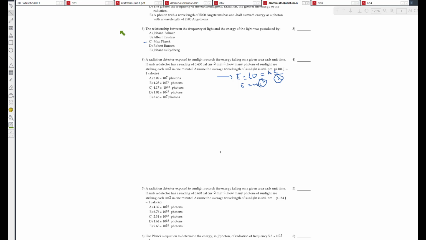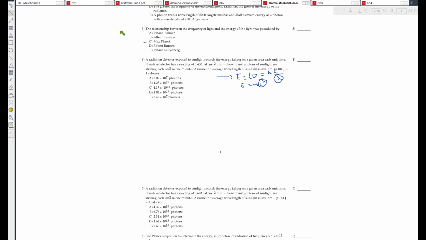Assume the average wavelength of sunlight is 460 nanometers. The conversion is also given here: 4.184 joules is equal to 1 calorie. First of all, I want to make it joules.